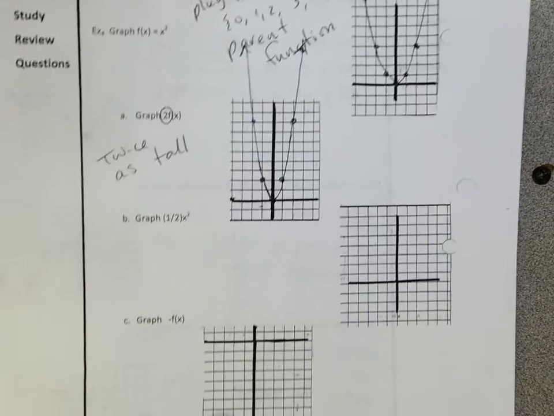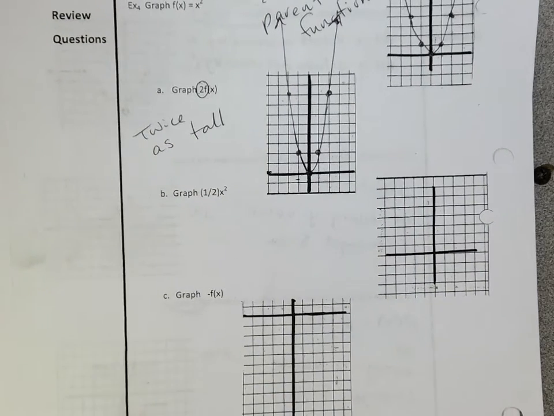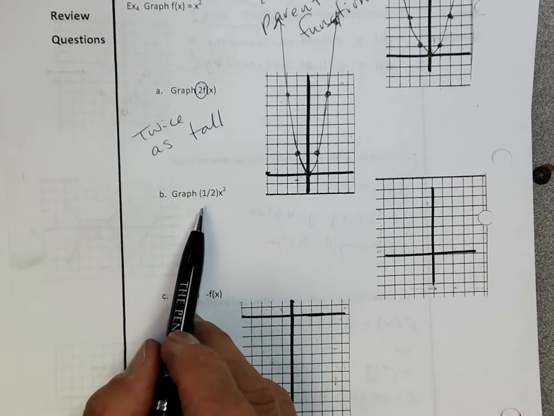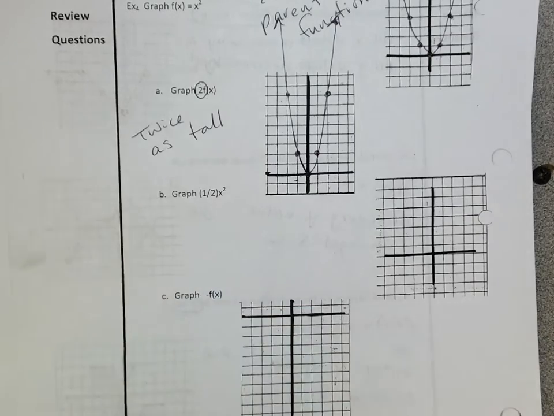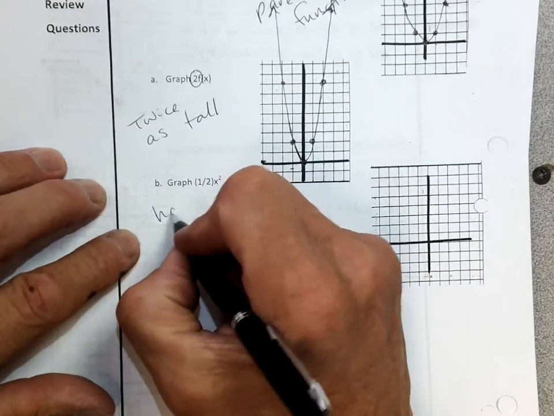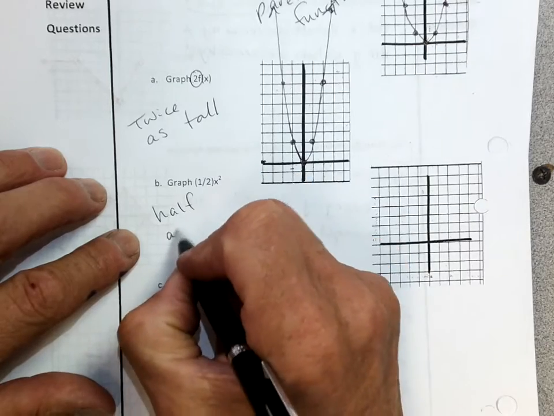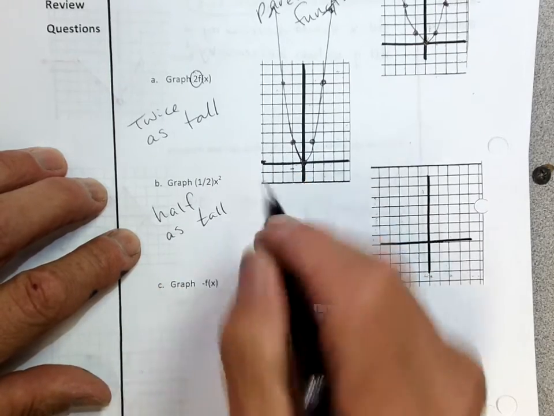All right, what about B? What's going to happen with B? What's going to happen with this graph? Yeah, it's going to be half as tall. Totally right. It's going to be half as tall. Does that make sense? So this one's going to be half as tall.